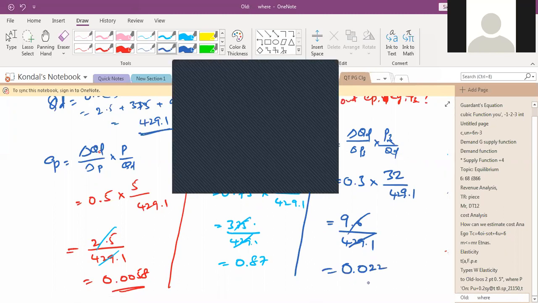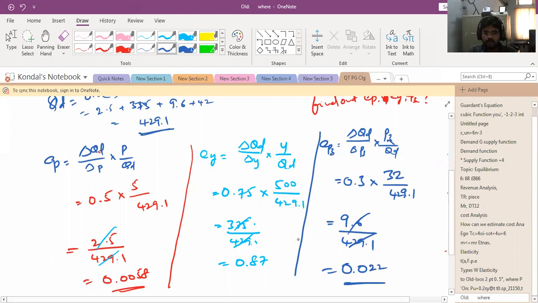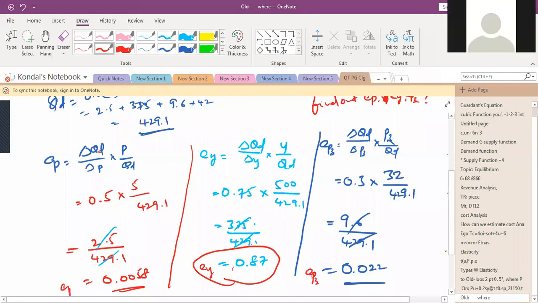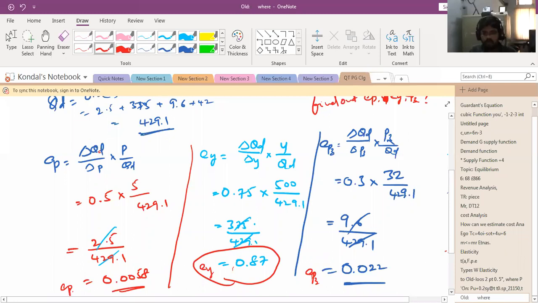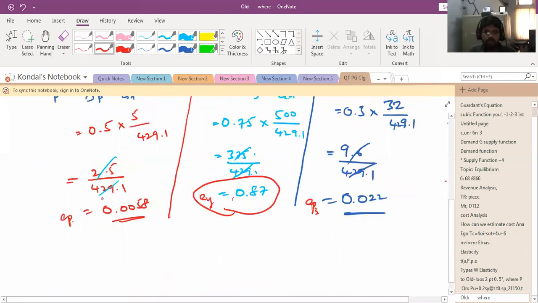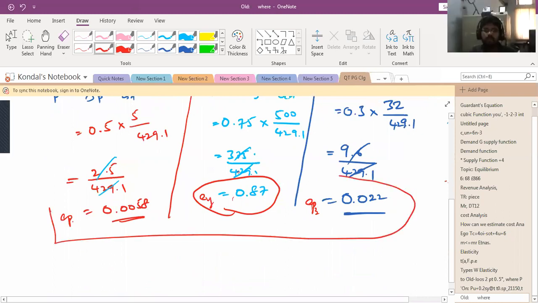So here we got the three values, right? What are you going to conclude? Here all three are inelastic.